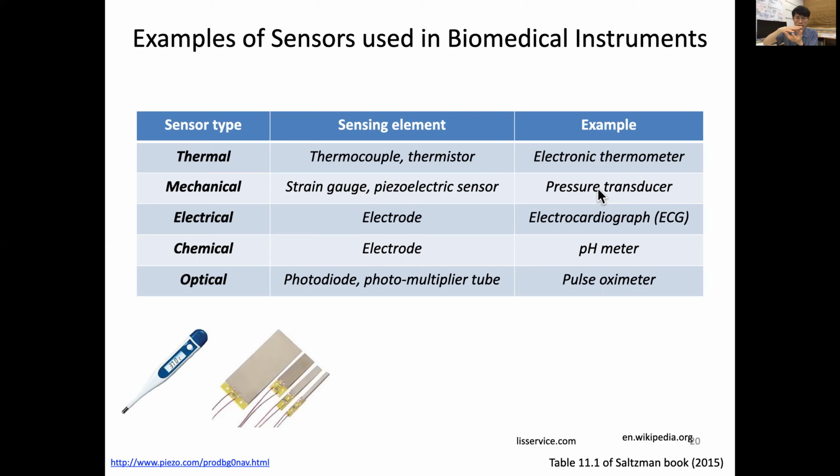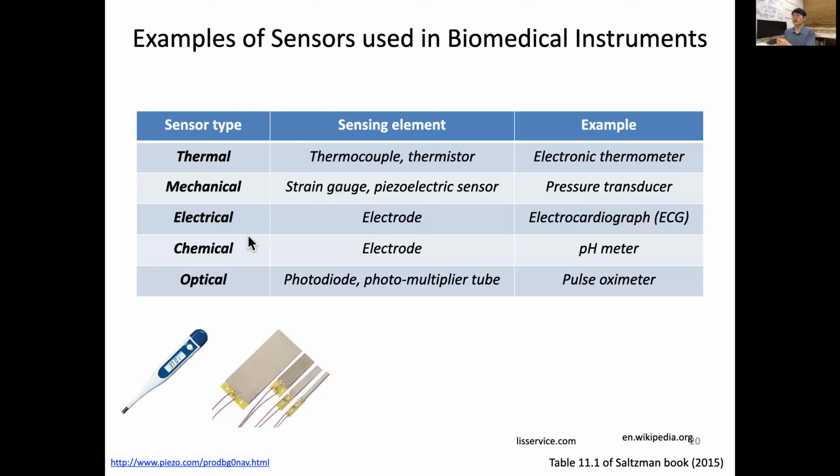There's a specific gas, and I want to measure the pressure. We have a piezoelectric transducer that measures this pressure and gives rise to a voltage difference that we can measure. So that's another example of a pressure transducer. You see, transduce means converting one type of signal into another form.